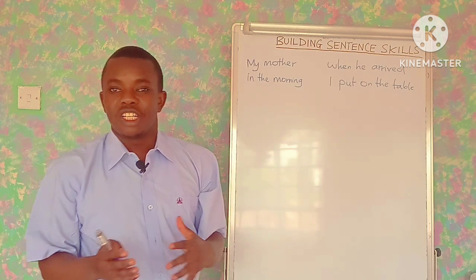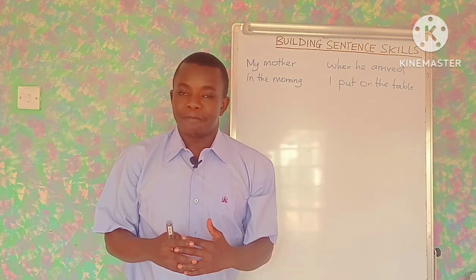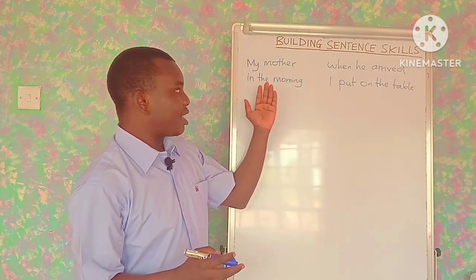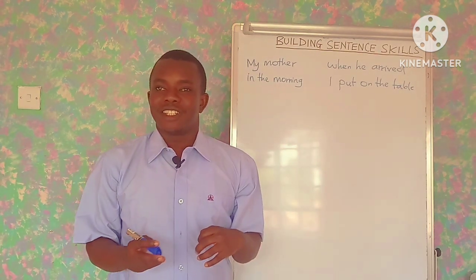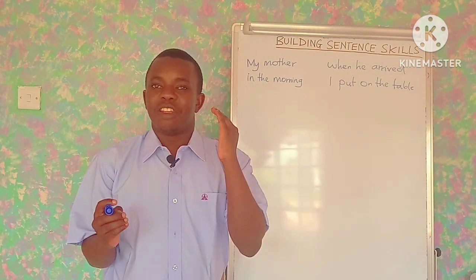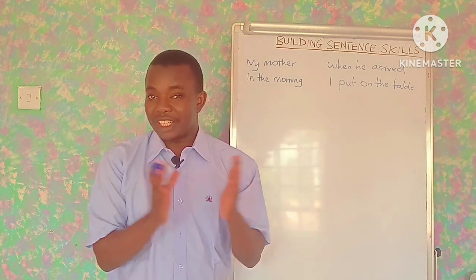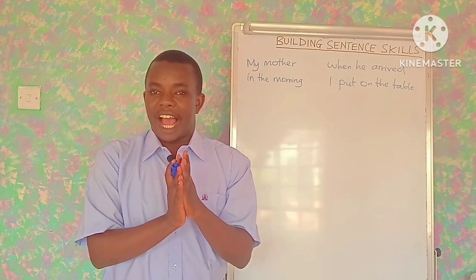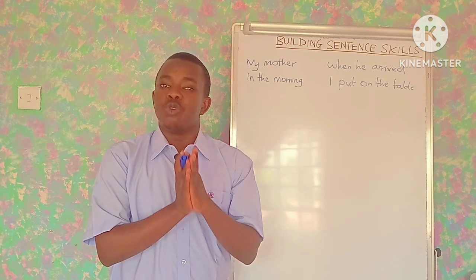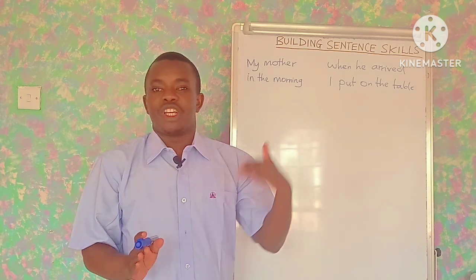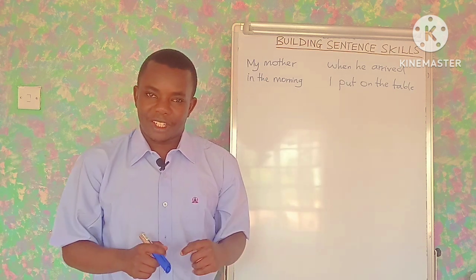Someone comes to class or maybe the house and speaks these words. The bottom line is that the person does not make sense, does not convey a complete idea. How do we then ensure that we are not caught in the same mistakes?